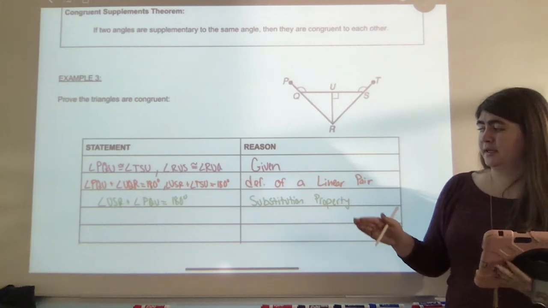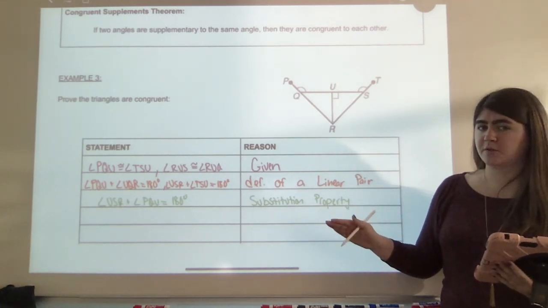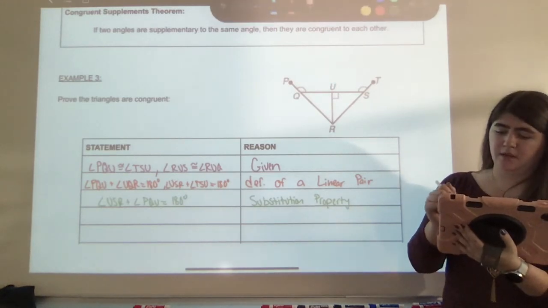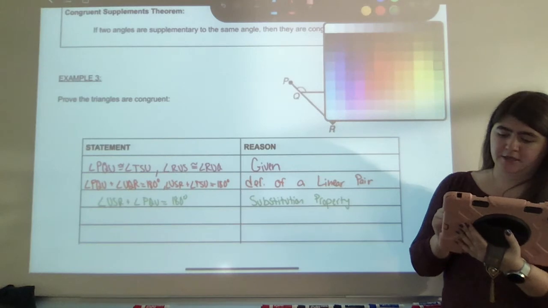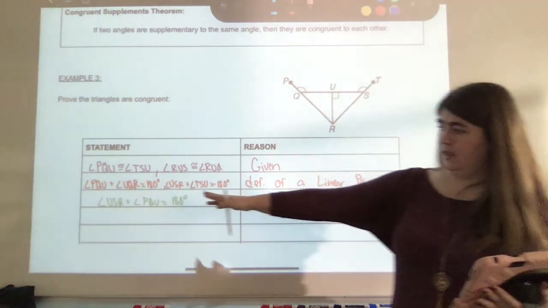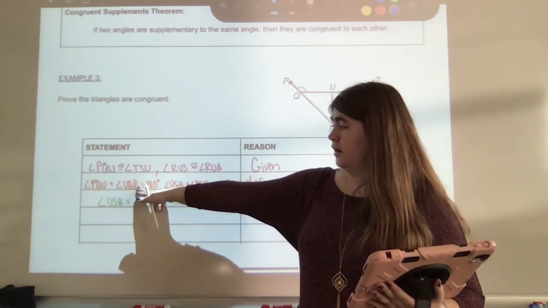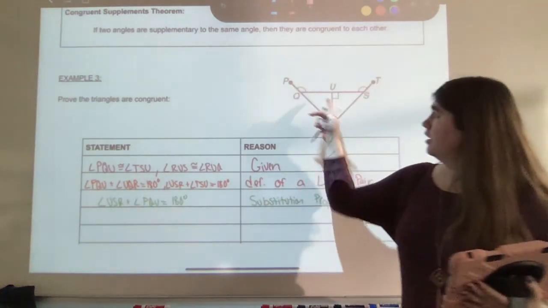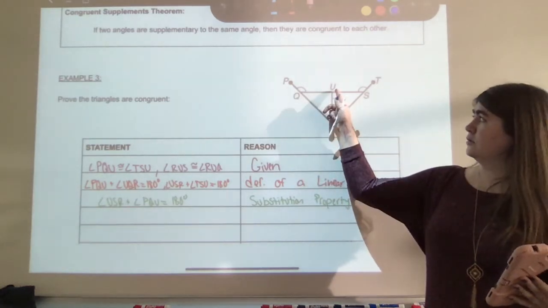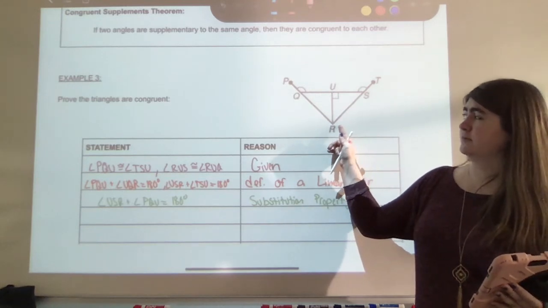Okay, next, we're going to have to squish this one in because I want to put this all in one box. We have on here angle PQU and UQR are supplementary, and angle PQU and USR are supplementary.